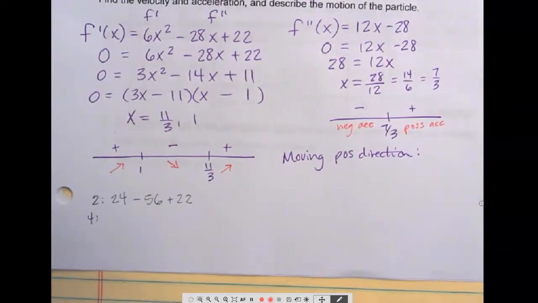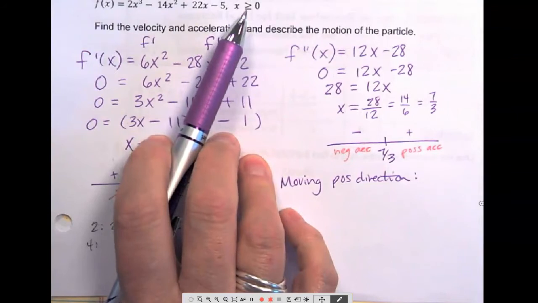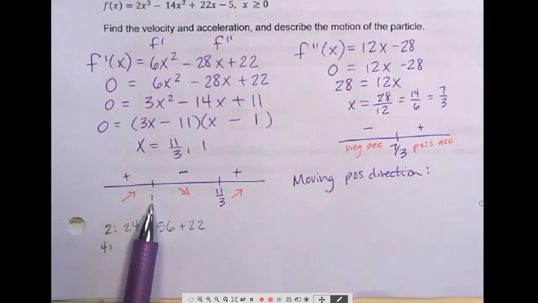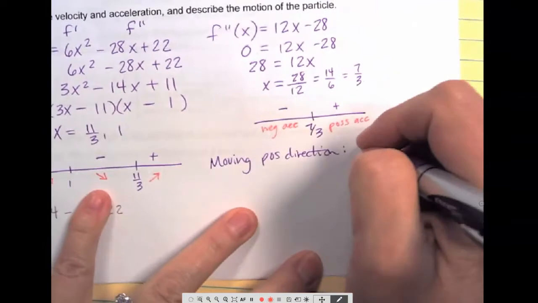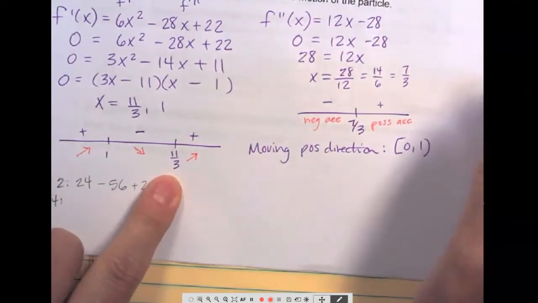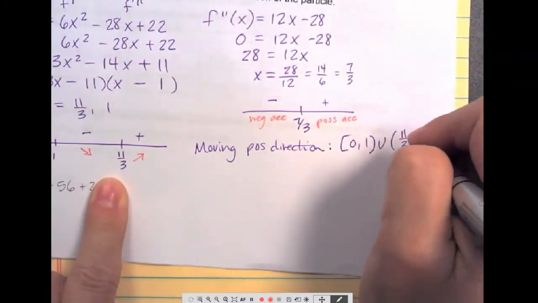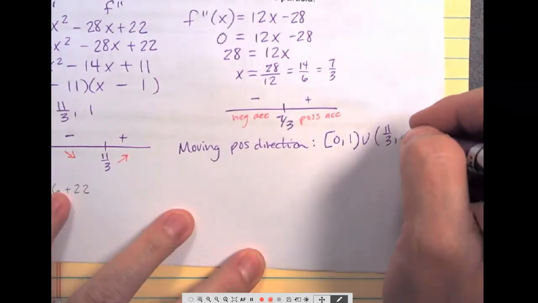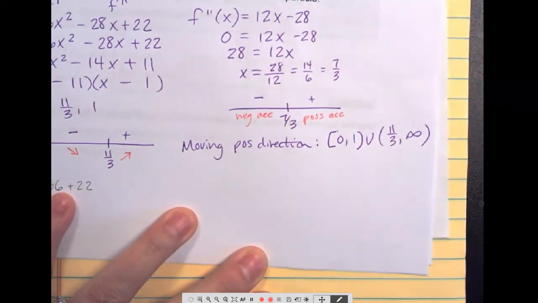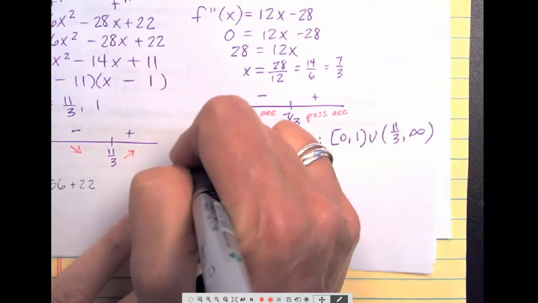Or when, I should say. Remember it said greater than or equal to 0. So we're going to start at 0 until 1. 0 to 1. And then again, so union, 11/3. I suppose it's just infinity, because it didn't cap off the time or the x value there. Okay, moving in a negative direction.